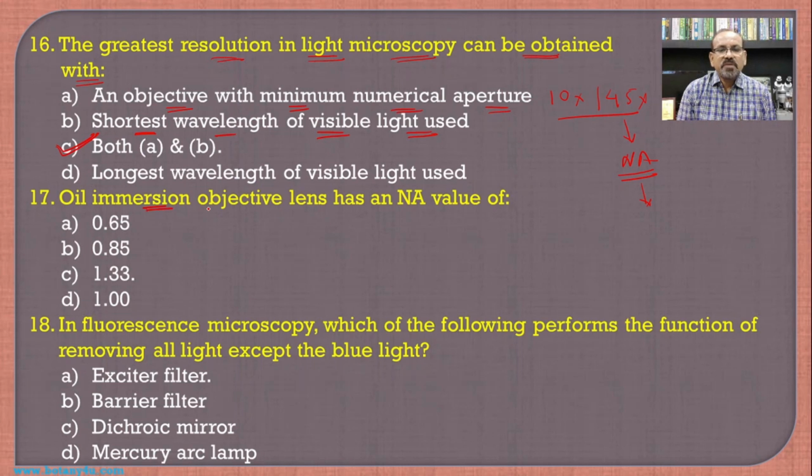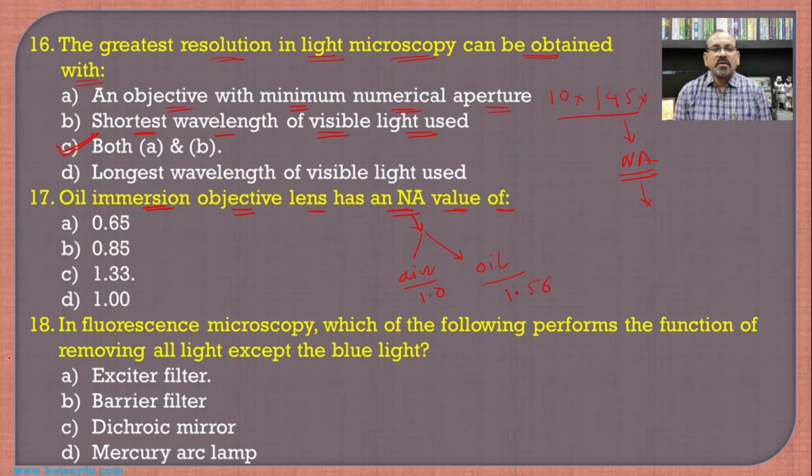Then oil immersion objective lens has an NA, that is numerical aperture value of. If you see the numerical aperture value for the air, it is 1.0, and if we see the numerical aperture value of the oil, then it is 1.56.